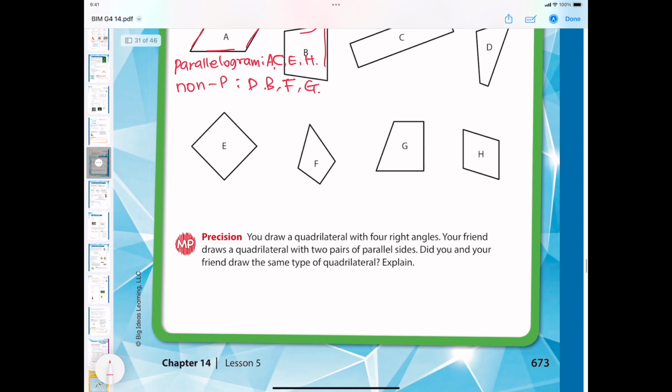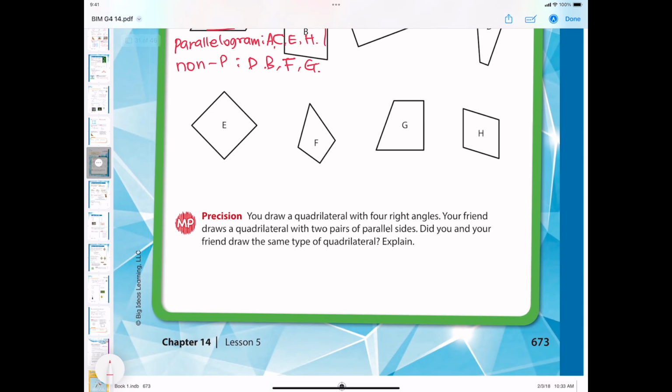Okay. Now you draw a quadrilateral with 4 right angles. Your friend, okay, 4 right angles, it can be what? Square or rectangle, okay? Now your friend draws a quadrilateral with 2 pairs of parallel sides. Did you and your friend draw the same type of quadrilateral? Yes.